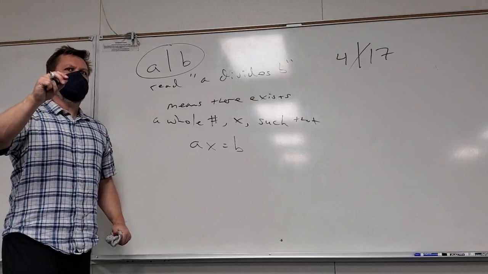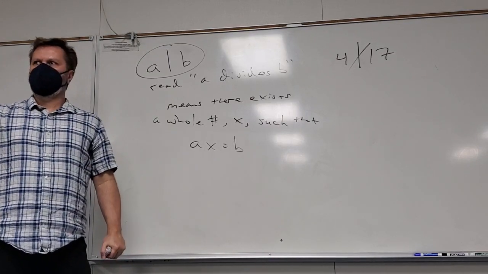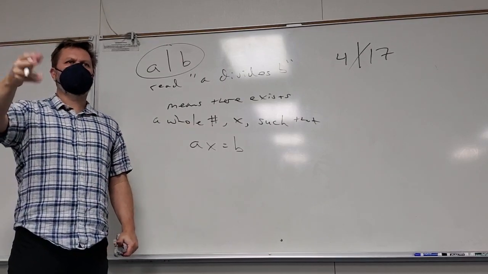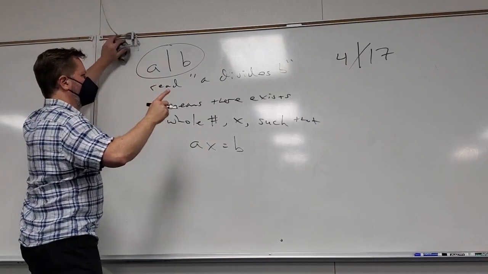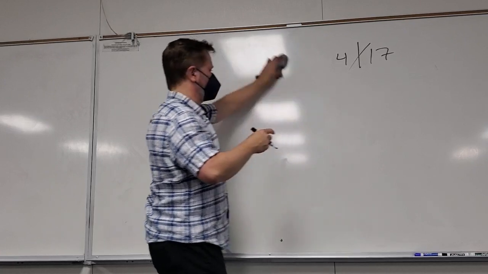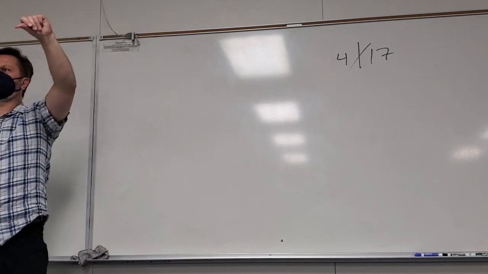So the thing that I have touched on before is how to tell if something is divisible by 3. Let's see if you guys remember. So let's go through them one at a time. How do you tell if a number is divisible by 1? It exists. How do you tell if a number is divisible by 2?